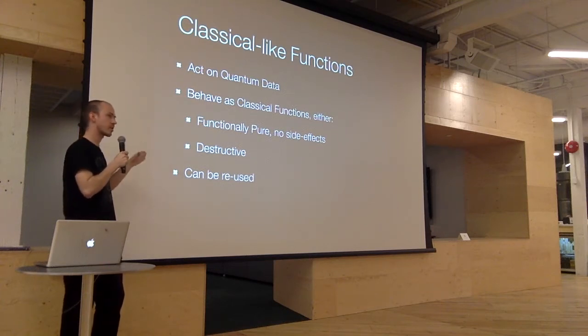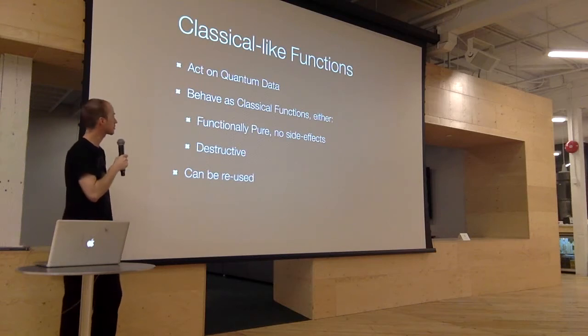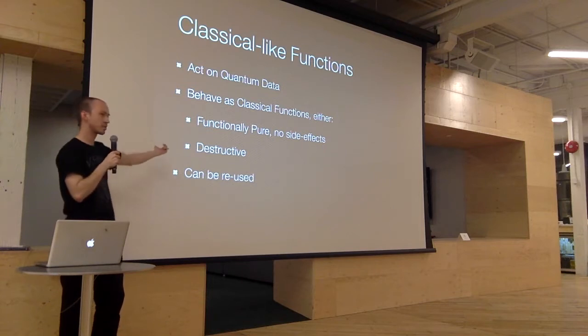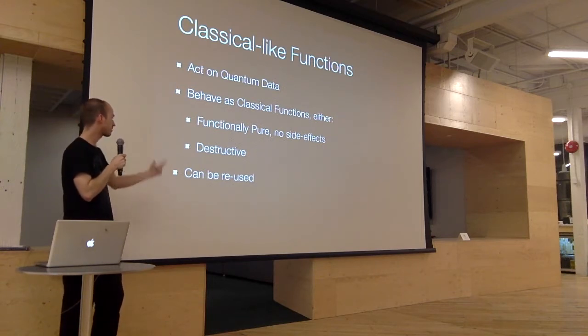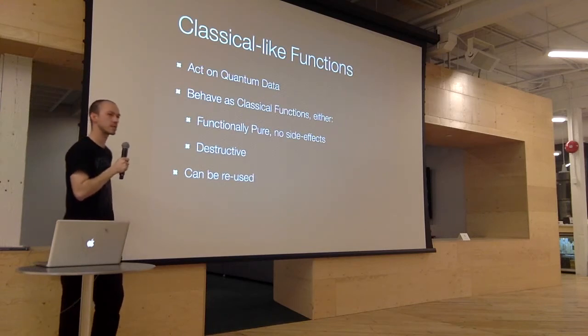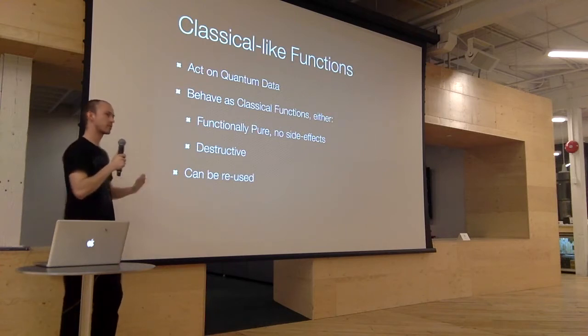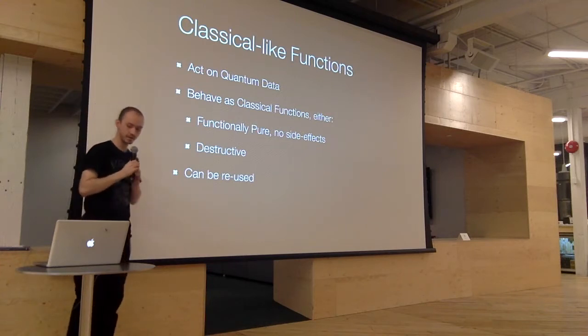They still require the state preparation and so forth, and they behave as classical functions. They can be used over and over again, and they can, of course, be functionally pure, or they can be destructive. Otherwise, they behave as you would expect them to. No real surprises. Just the added ability of acting on quantum data instead of just classical data.